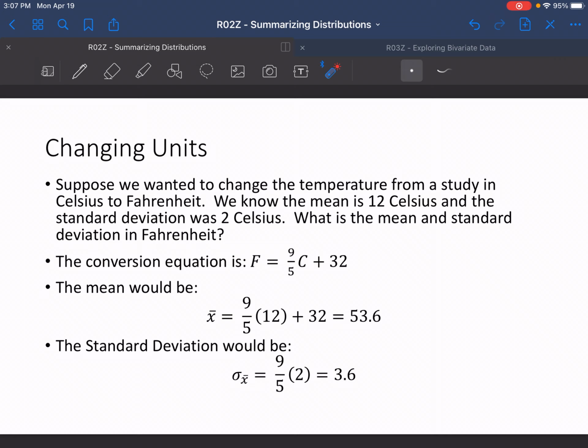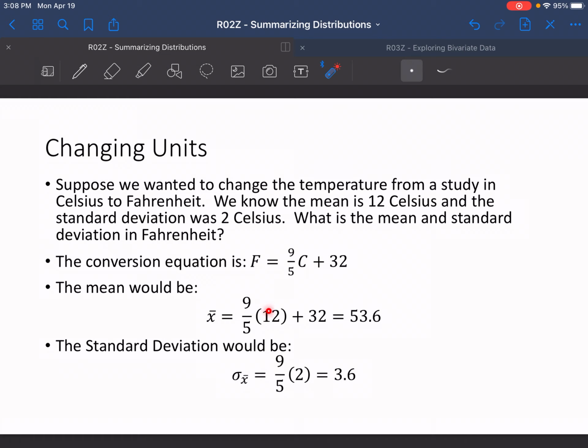Our conversion equation is that to convert to Fahrenheit, that's going to be 9 divided by 5 times the Celsius plus 32. Because the mean, or center, is affected by both multiplication and addition, we just plug our mean degrees Celsius into our formula and solve.